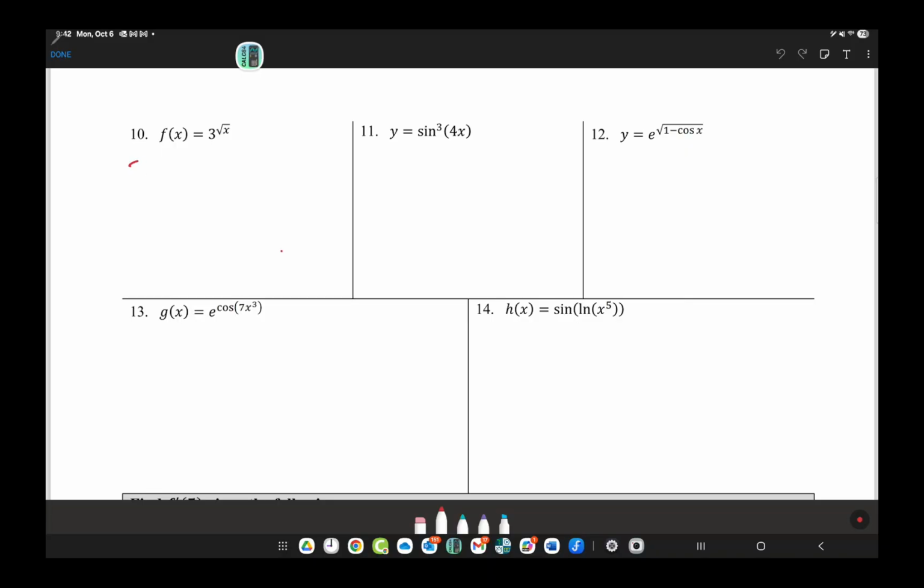It's itself times the natural log of the base. Okay, so that's the first part. Now we have to also multiply it by the derivative of the square root of x, which is what? Yeah, 1 over 2 root x. So putting it all together, we get 3 to the power square root of x times the natural log of 3 over 2 root x.